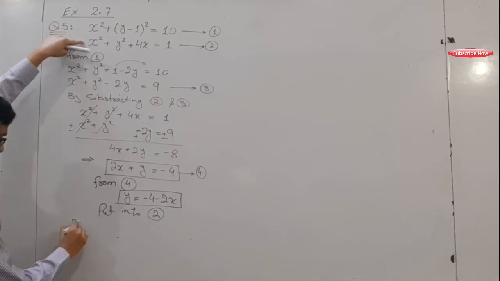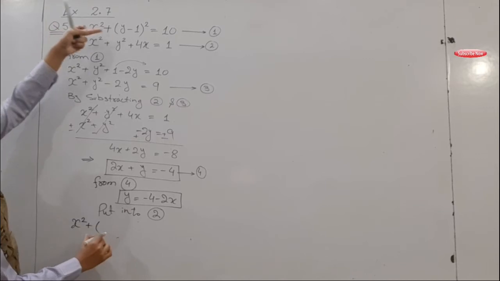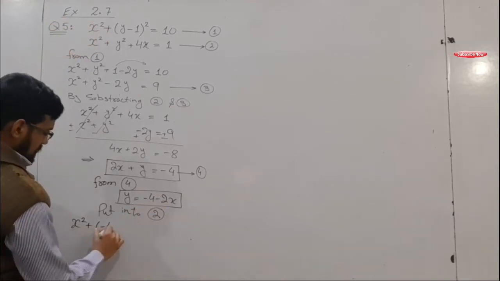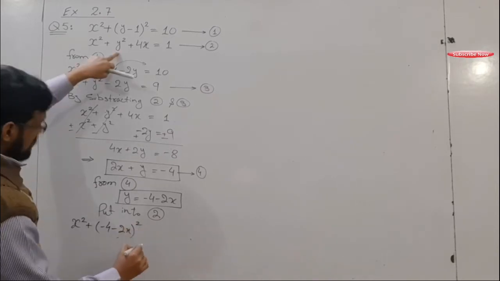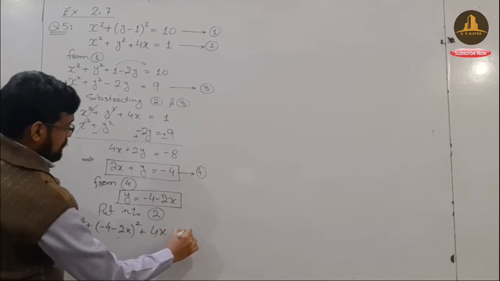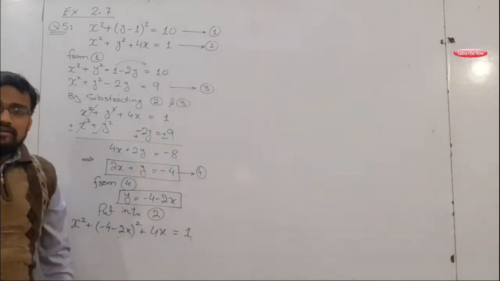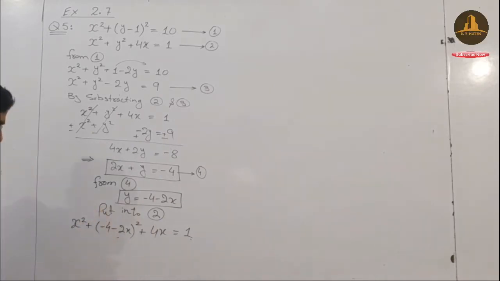Equation 2 becomes x square plus y square, where y is minus 4 minus 2x whole square, plus 4x is equal to 1. Open the bracket and simplify, students, and this becomes a quadratic equation.